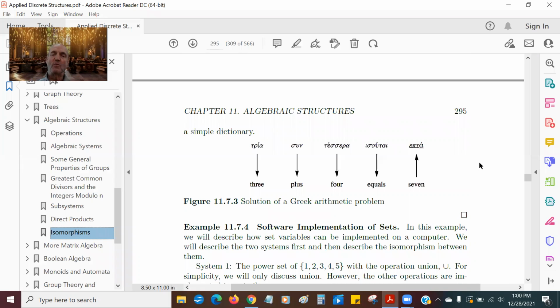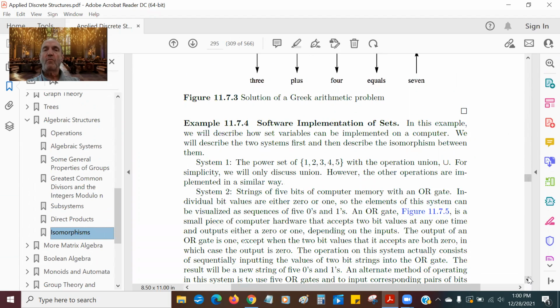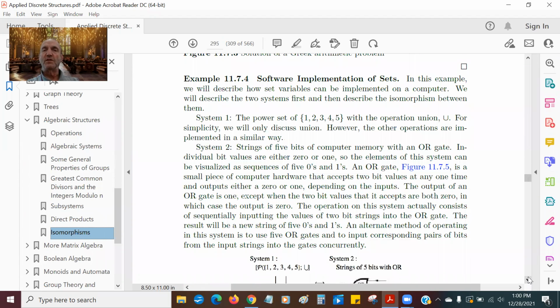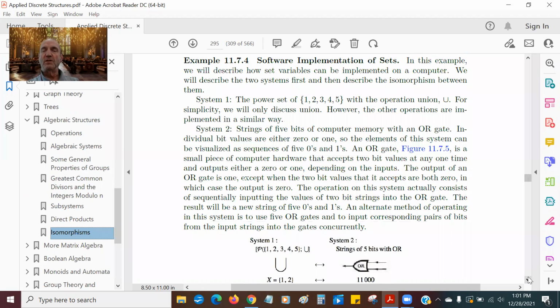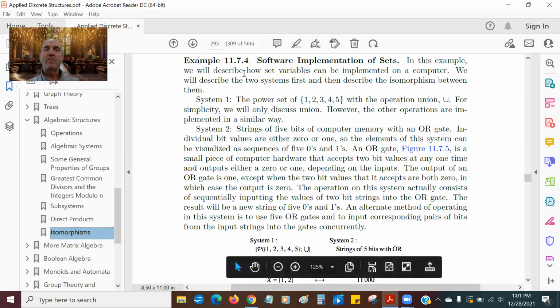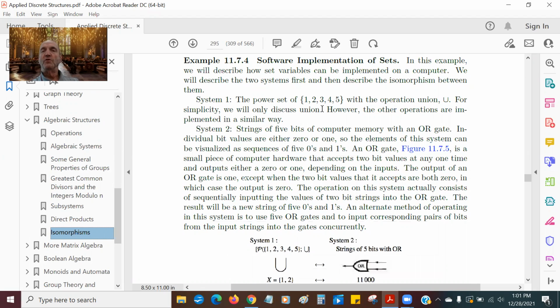But let's look at something which, a lot of you I know are computer people, so you may relate to this next example. So we want to look at two different systems. One system is the system of the power set of 1, 2, 3, 4, 5.